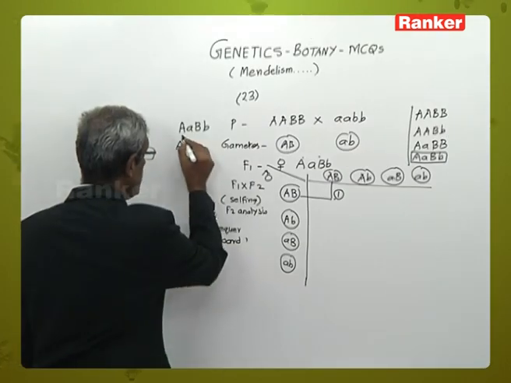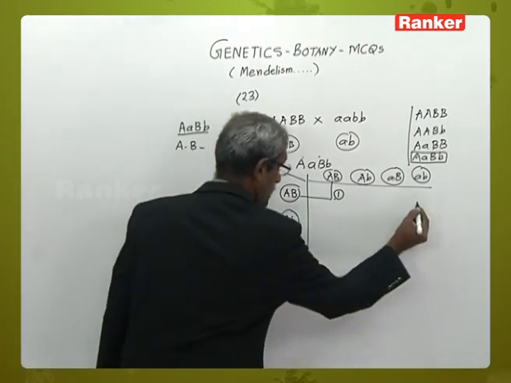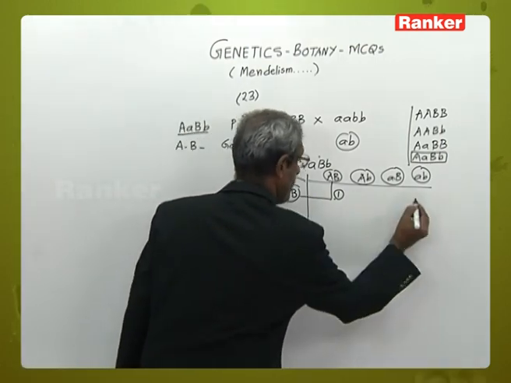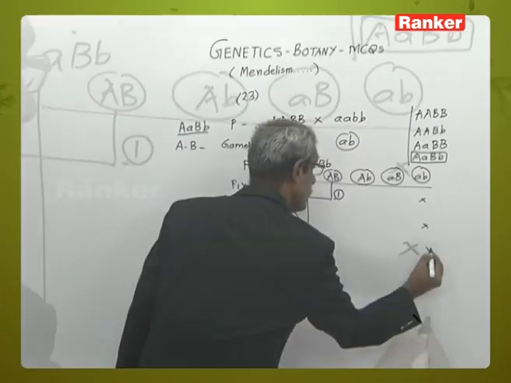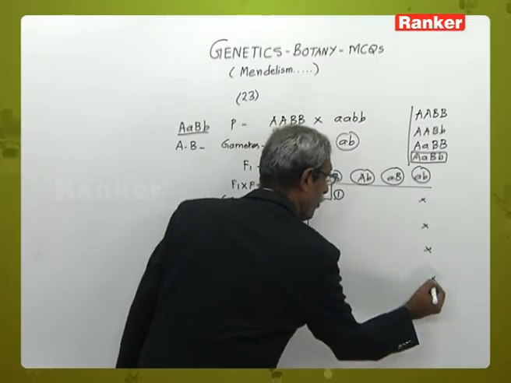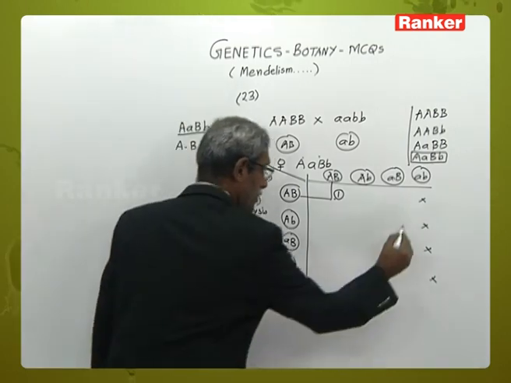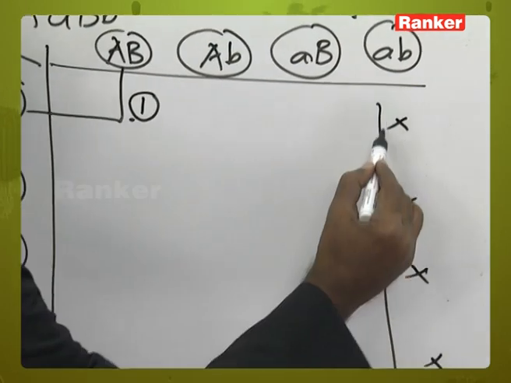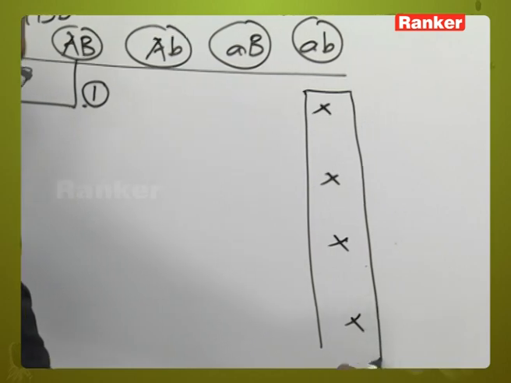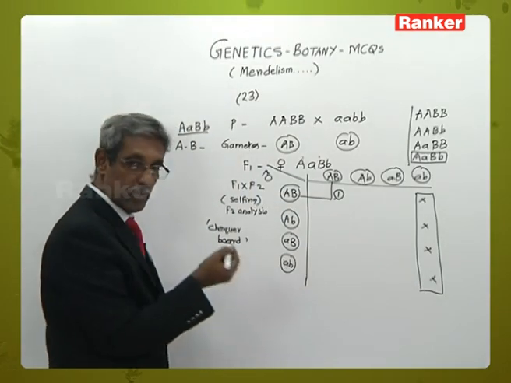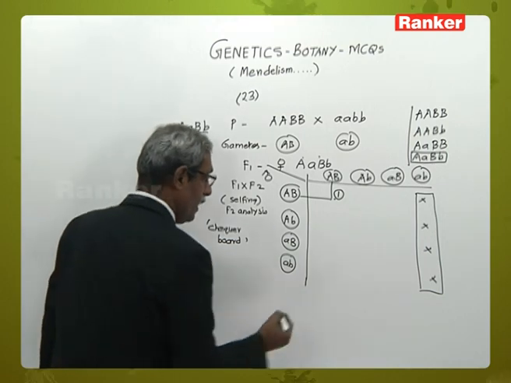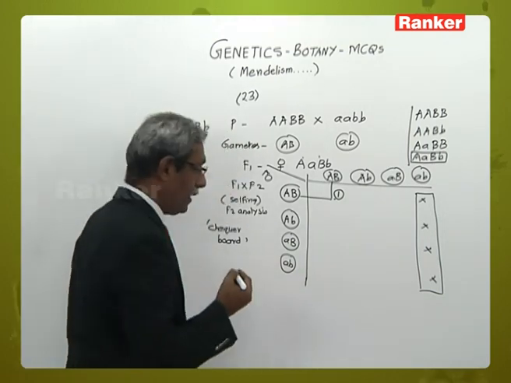So when you look at these combinations, they occur over here: 1, 2, 3 and 4. So the quicker a student can understand the 4 combinations here, which are heterozygous, this is an easier way to solve the problem very quickly, wherein you get the answer as D.